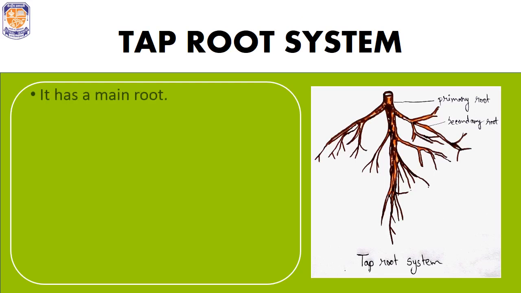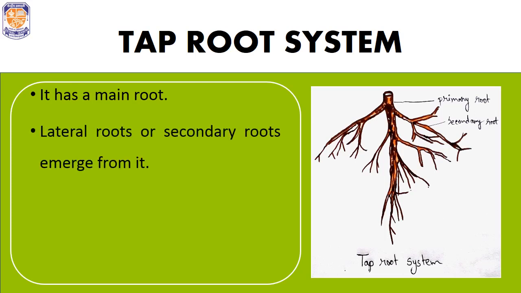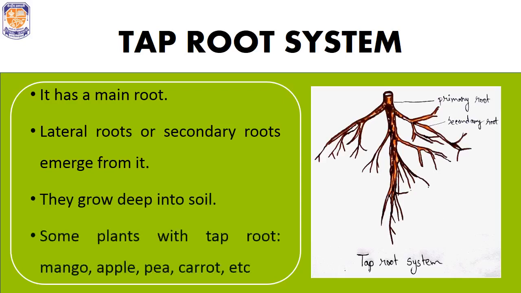Taproot system. It has a main root in the center, which is also known as primary root or central root. Then it has lateral roots or secondary roots which are emerging from the primary root. They grow deep into the soil.